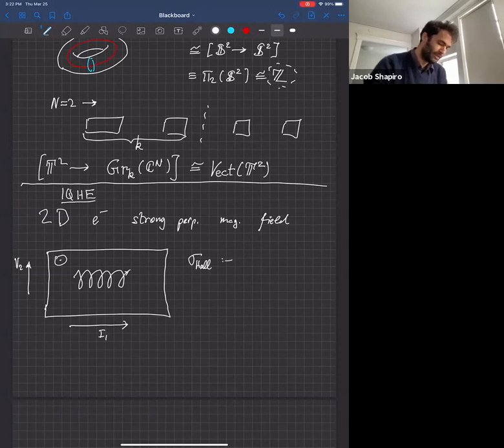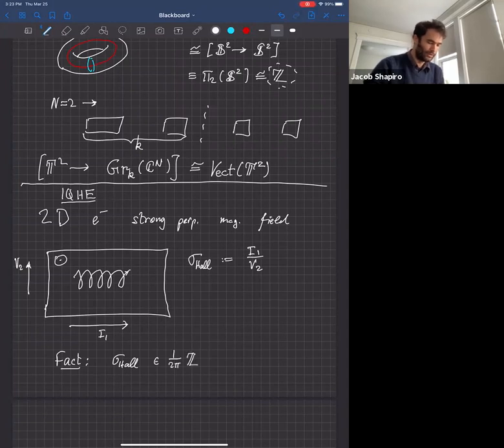He realized this interesting phenomenon that there is this transversal current, and he wanted to talk about the conductivity associated with this current. So you take the ratio of I1 with V2, and that's the definition of this Hall conductivity.